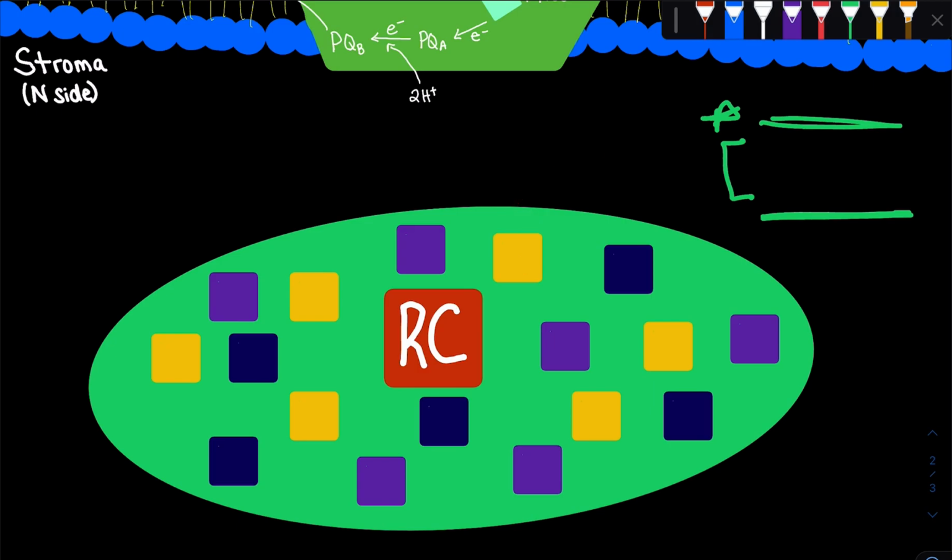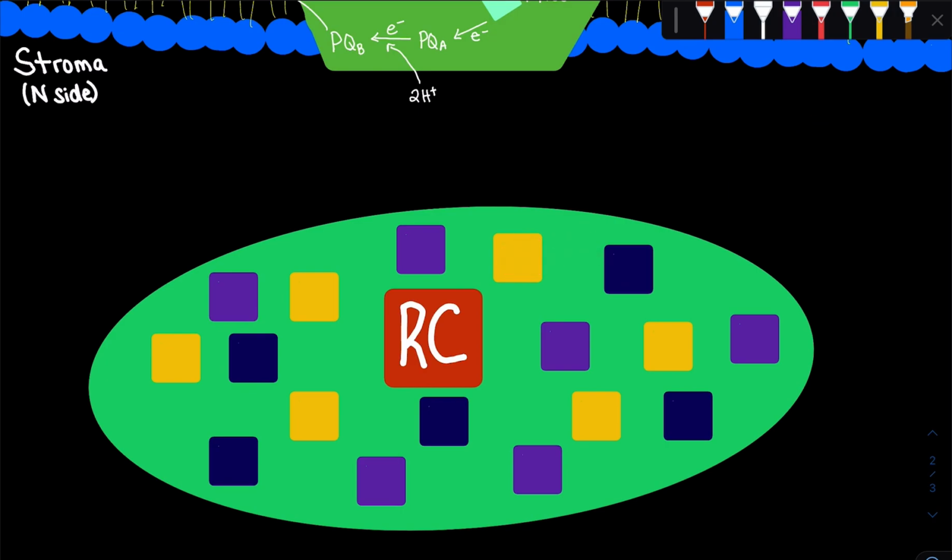But the whole point is that this is an all or nothing event. If the energy difference from ground state to excited state does not match the energy of the photon coming in, this electron cannot get excited.